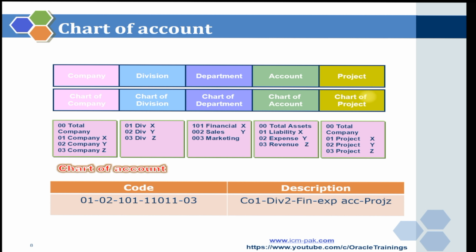The way the management wants to see the reports, based on that you can build your chart of account, or you can say, accounting structure. This chart of account and accounting structure is a very core, important thing which you need to build very carefully to start the implementation.